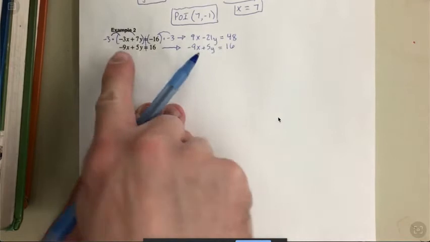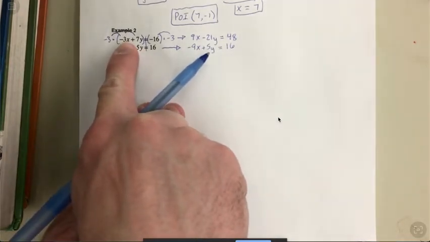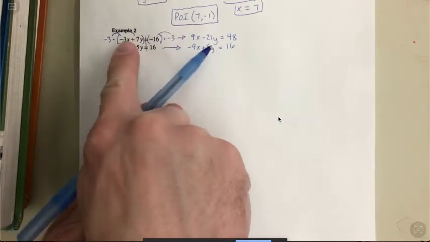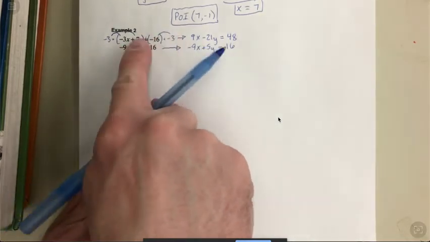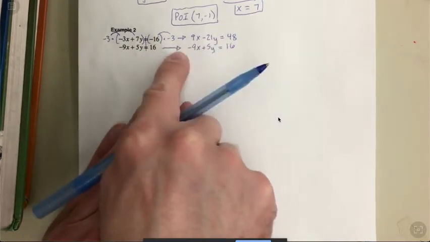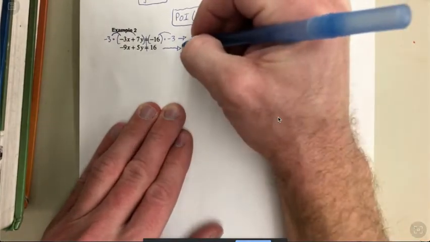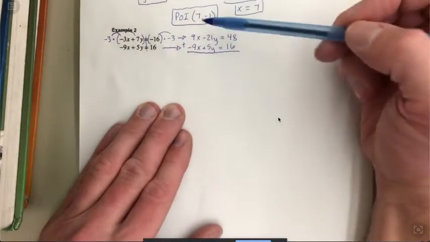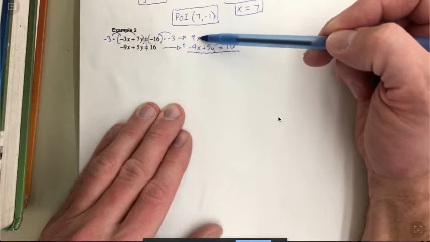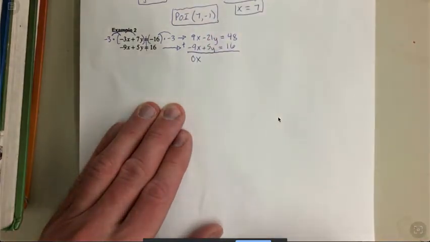All right, so once again, I wanted this to be a positive 9. To make that happen, I had to multiply by negative 3, and I did that to both sides. So that equation turned into this. The bottom one, I kept the same. Now, if you notice, let's add them together this time. So 9x plus negative 9x, once again, I get 0x.